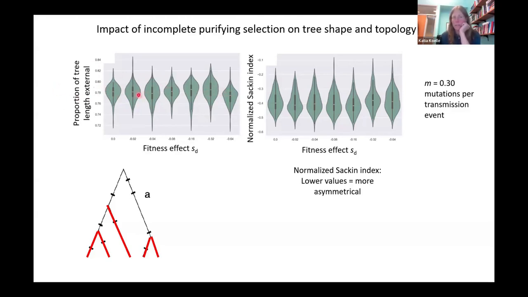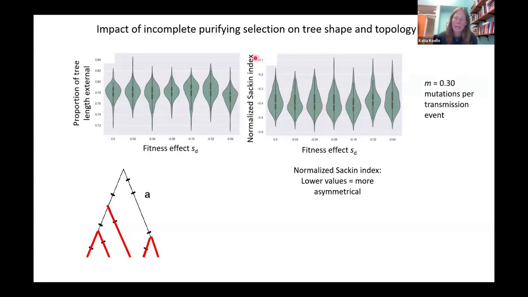So this is pretty flat. We also looked at the second index, which tells you how asymmetrical a tree is, a normalized version of it, and we also found that it wasn't impacted by the fitness effect of the mutations.